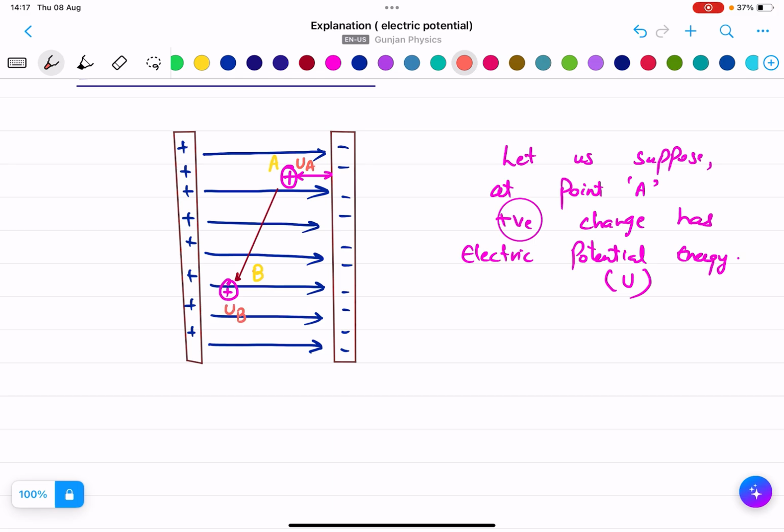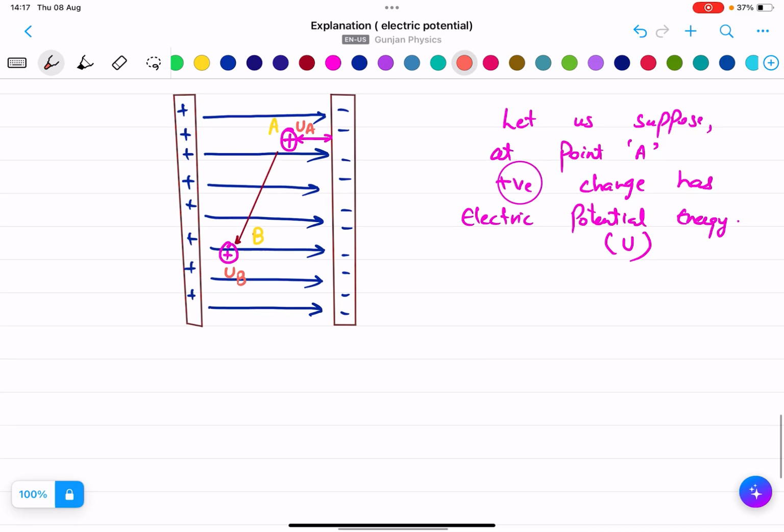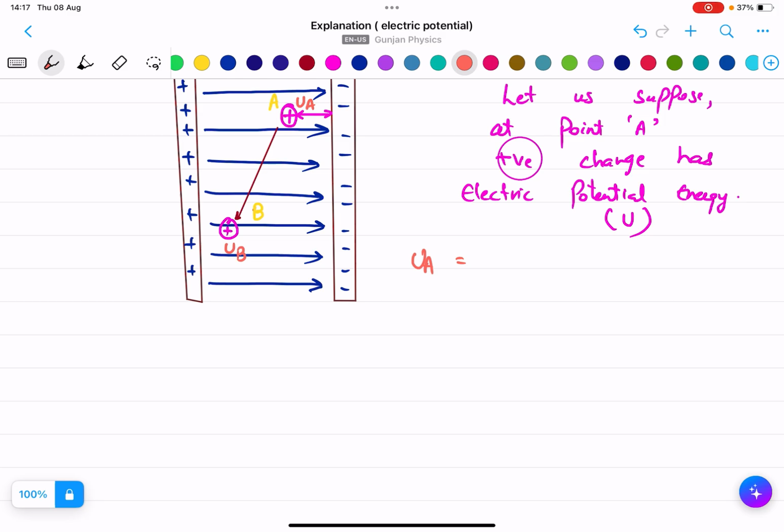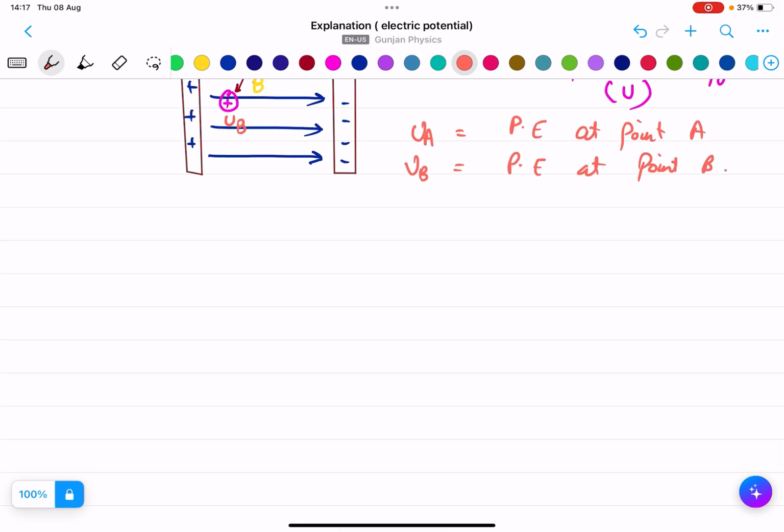As simple as this. That means we are moving a positive charge from one position to another position. So let us say UA is the potential energy at point A and UB is the potential energy at point B. Basically the difference between the electric potential energy.